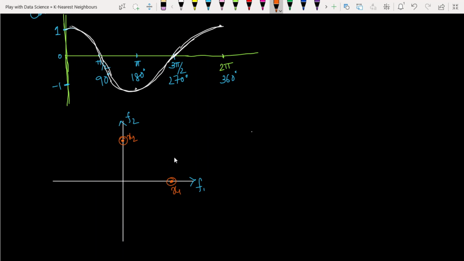Now I am simply using this orange color, for example, for the cosine similarity, and first just write down the definition: 1 minus cosine similarity of x1 and x2 is actually the cosine distance.